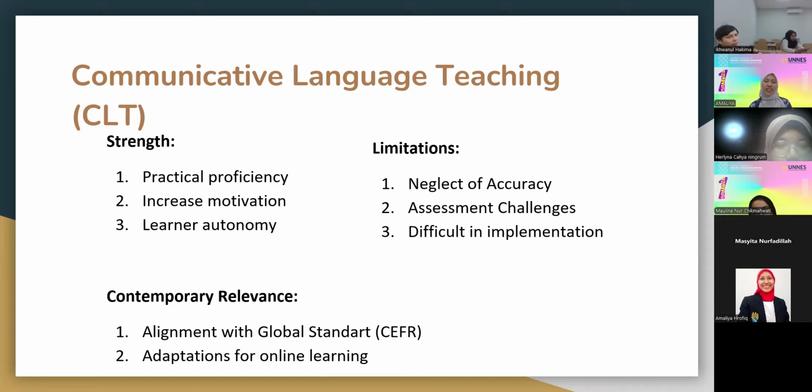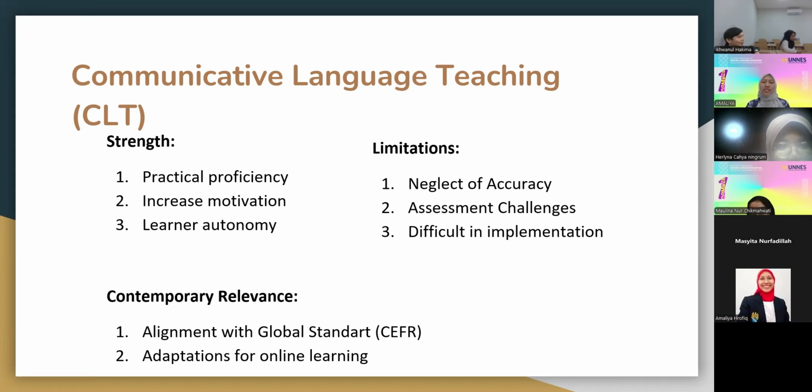And beside the strengths, there are also limitations. The first is a lack of accuracy, because they emphasize fluency, not accuracy, so somehow the grammar and the patterns will be left behind. And then the second is assessment challenges. That's because it's communicative, mostly verbal communication, so it's not easy for teachers to assess interactive or discourse skills.